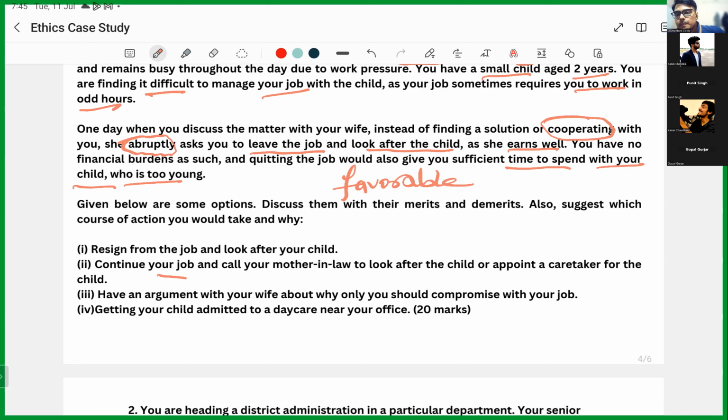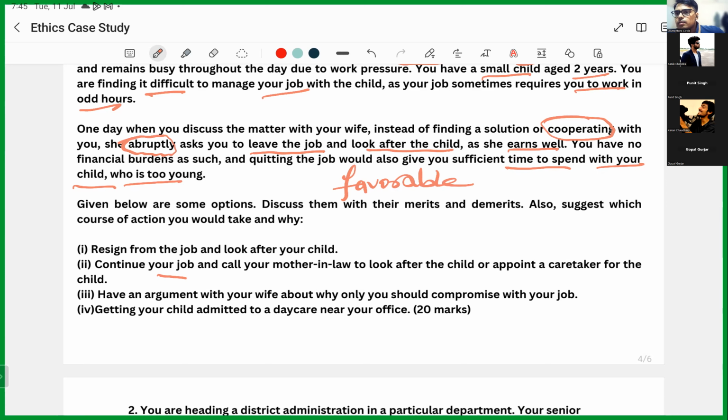Professionalism will be there. It's not like anyone can come to a daycare and become a babysitter. It will certainly be trained, certified people over there. You're paying for that. Second, since it's near your office, you can visit once or twice. Then some demerits you can copy from the above.